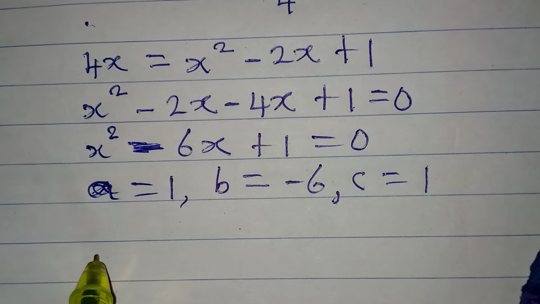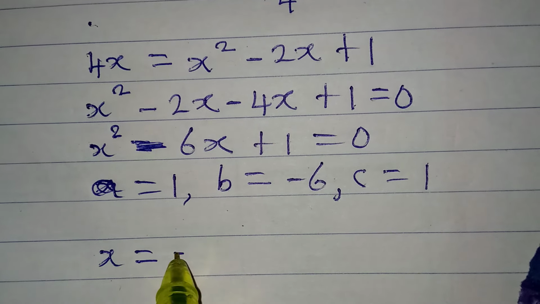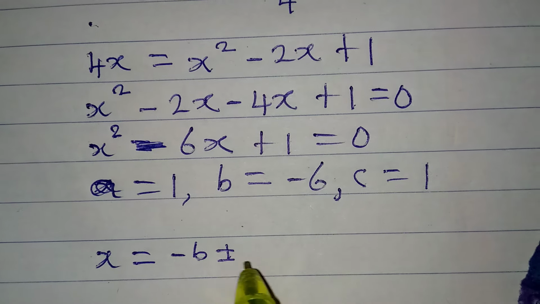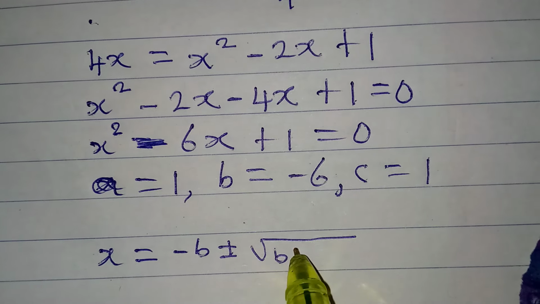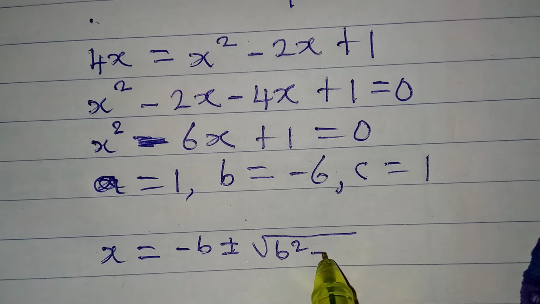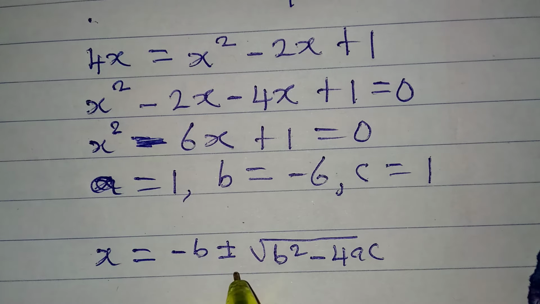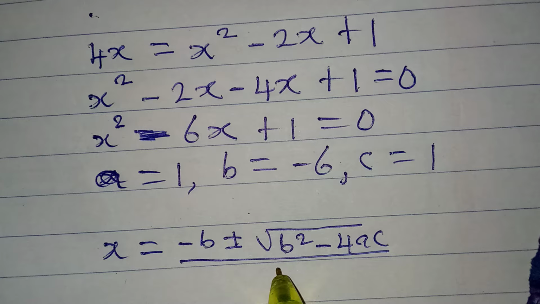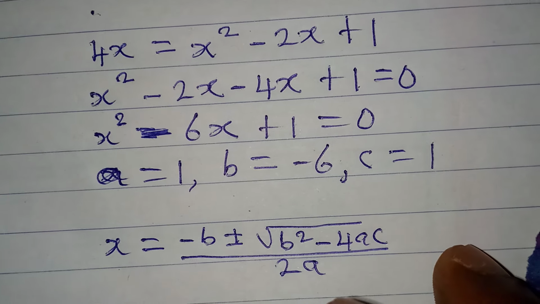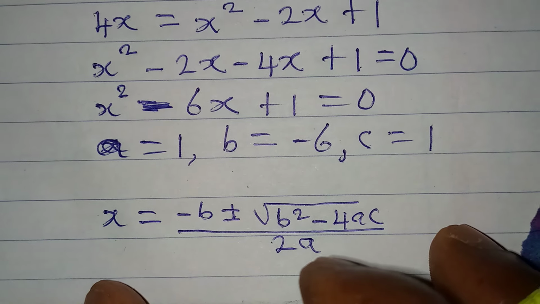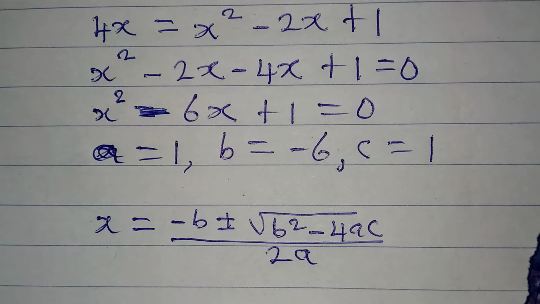And then here is the formula. We have x to be equal to minus b, positive or negative, square root of b squared minus 4ac, and the whole of this is over 2a. As simple as that. Now let's put everything into this formula.